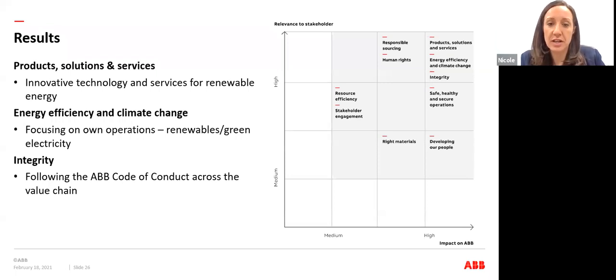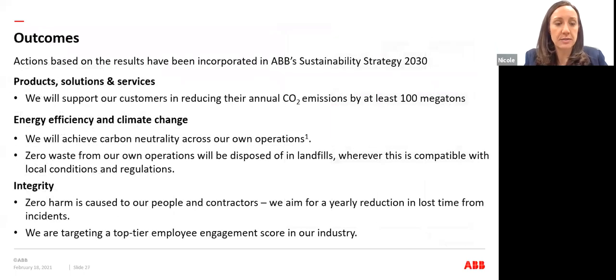I mean, there were other ones on here, right, about developing our people, health and safety, human rights, and those sorts of things. So the outcomes, though, of those top 3 that I just mentioned were actions. So we did develop that 2030 sustainability strategy, and those 3 key areas are all mentioned now in that strategy.